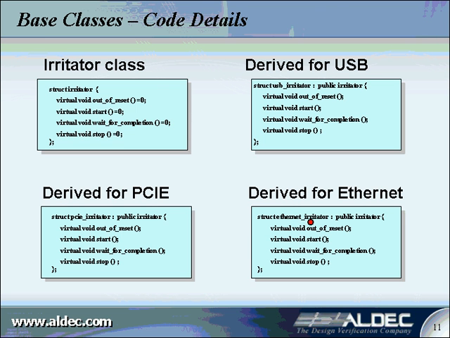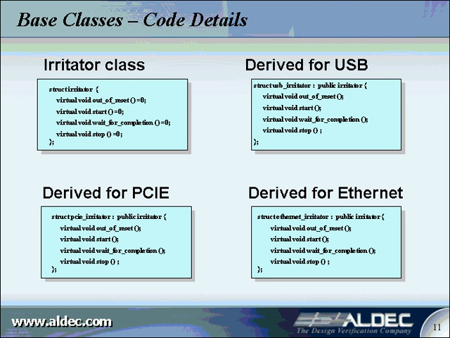In the past, I've also done Ethernet irritators, where again, the concept is exactly the same. It has a well-known interface. I really don't care how it's getting its job done. It's just generating some background traffic for me, and of course doing all of its checking and stuff like that. And it's object-oriented programming, and specifically, these are called pure virtual to be fancy. These are the pure virtual methods that set up that interface that say this is how it has to behave.